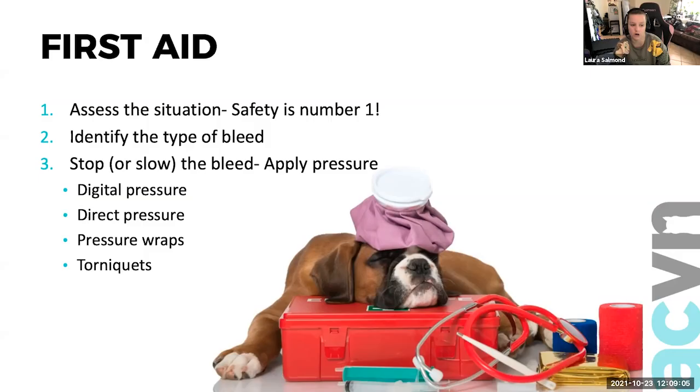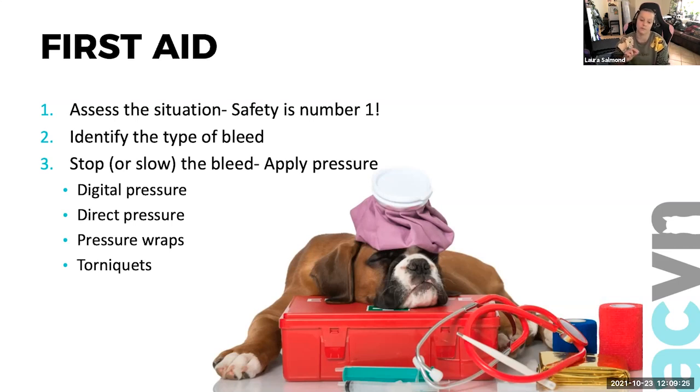So we want to try and stop or slow the bleed down. And the way we're going to do that is by applying pressure to try and pinch off either the vein or the artery or multiples that are bleeding. So we can do that with direct digital pressure.